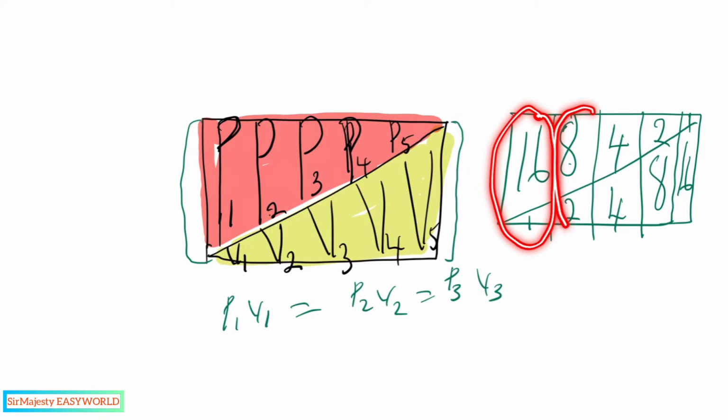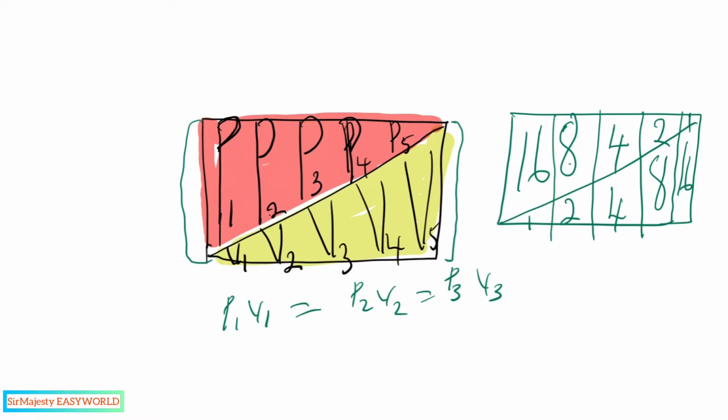Coming to the second case, the values changed. The pressure decreased from 16 to 8, then volume correspondingly increased from 1 to 2, keeping the product of the two constant, because 16 times 1 is equal to 8 times 2, which is also equal to 4 times 4, which is also equal to 2 times 8. So in this case, it shows that the law is correct.